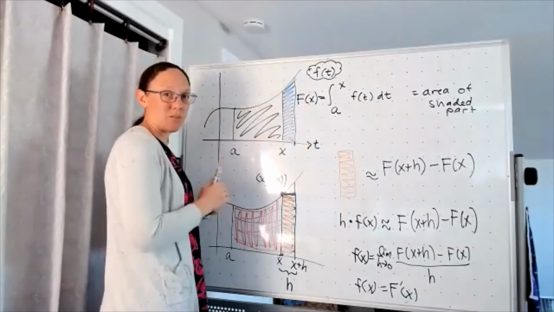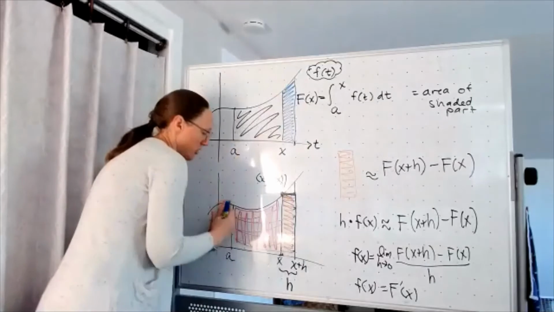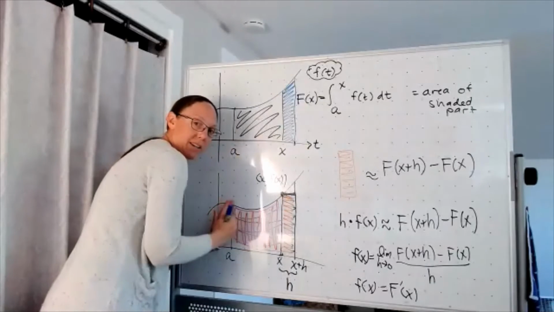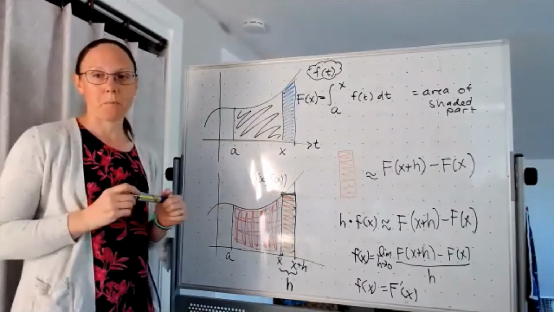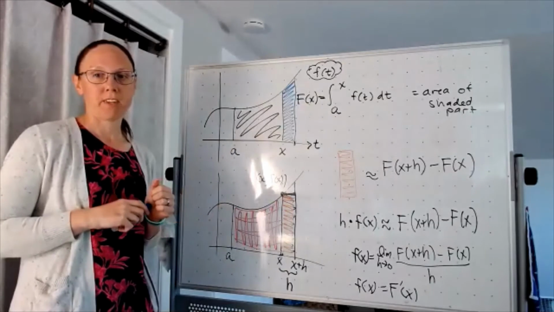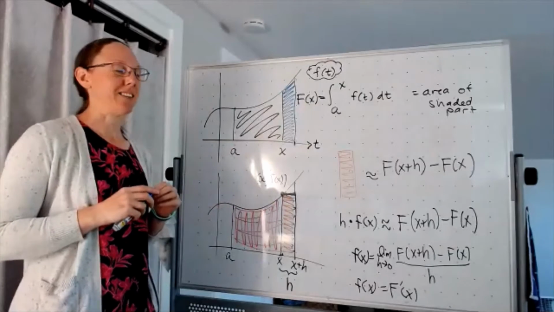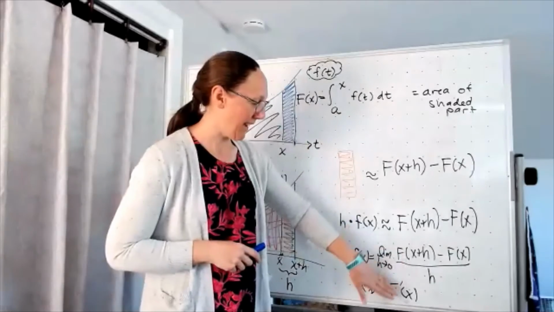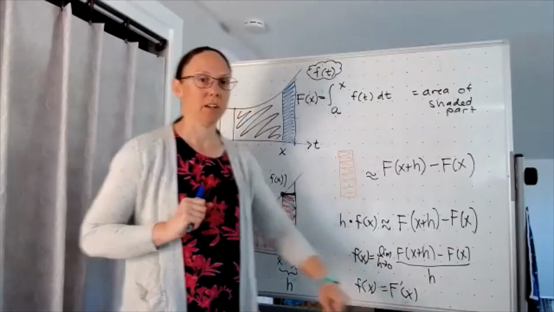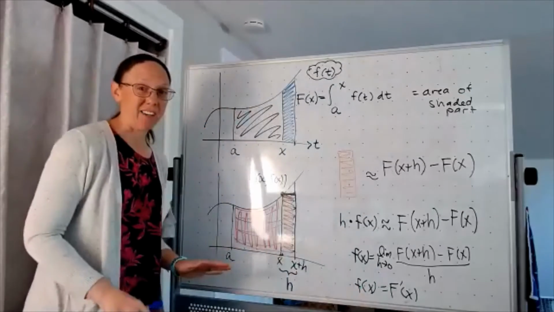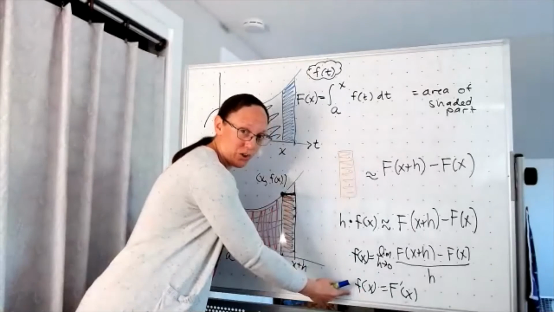So to get that piece of area, that's where I had to do the a to x plus h minus the a to x. Yes, this is the limit definition to get a derivative the long way, for sure. So all of that really was just to get to this thrilling conclusion right here.